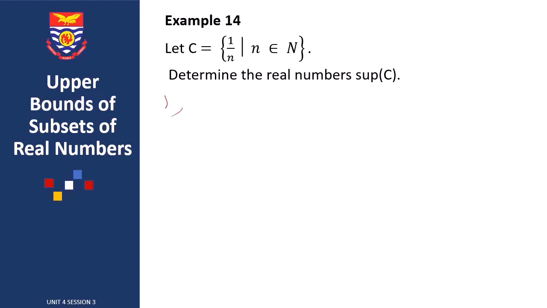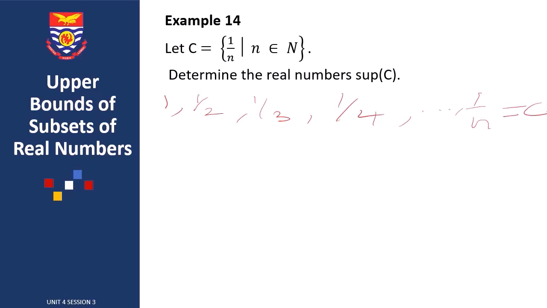Then I put 2 inside, get half. I put 3 inside, 1/3, 1/4, etc. And that is up to 1 on n, and that is the same as C. So that's actually the values of C.